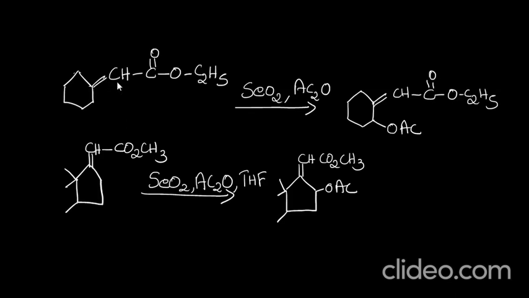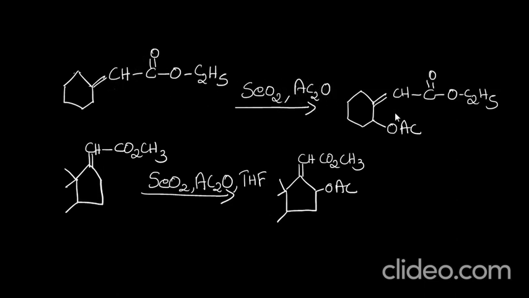This is the alpha position, this is beta, and this is the gamma position. Here, hydroxylation of the gamma carbon takes place in an alpha beta unsaturated carbonyl system in the presence of selenium dioxide and acetic anhydride or acetic acid.